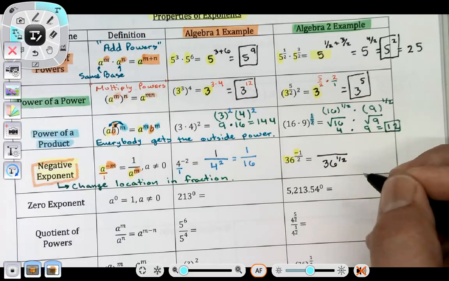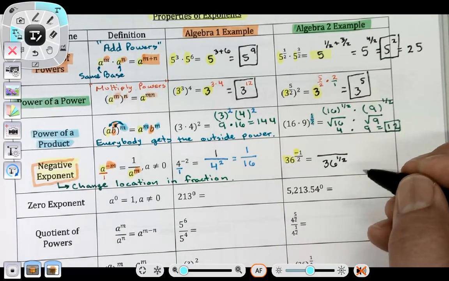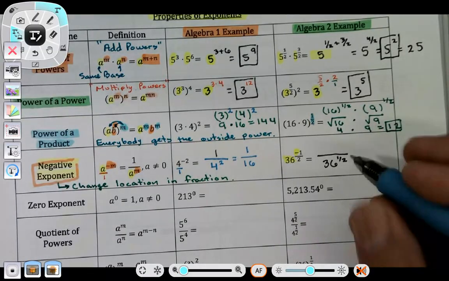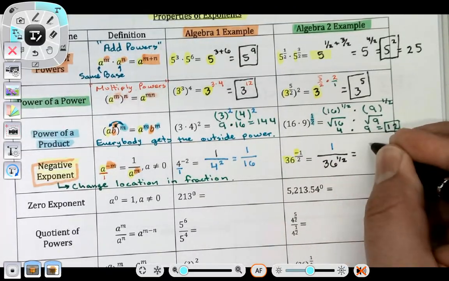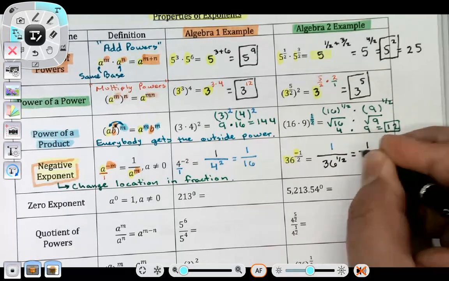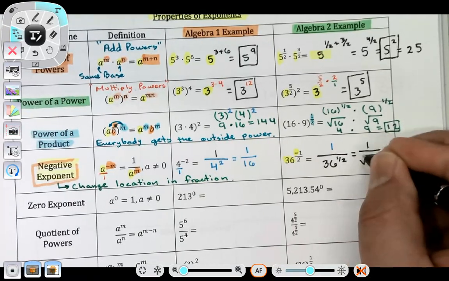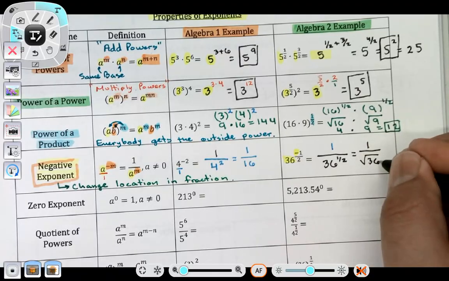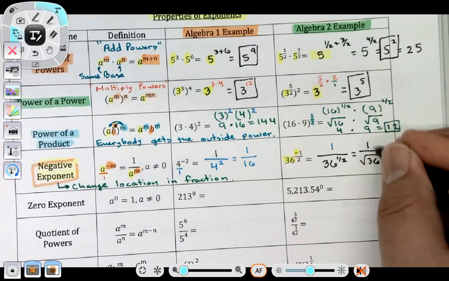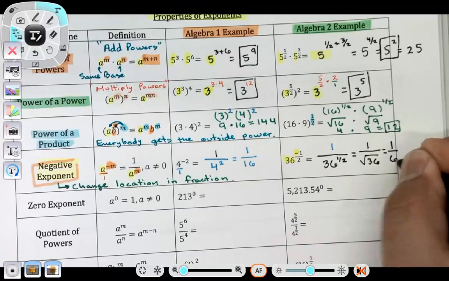The 1/2 doesn't disappear. It's still there. It just doesn't have a negative anymore. But on top, of course, we just put a 1. But what does a power of 1/2 mean? What is it telling me to do? Square root it. And it is a square root because of the 2. So a power of 1/2 is an automatic square root. But what is the square root of 36? And there's my answer.